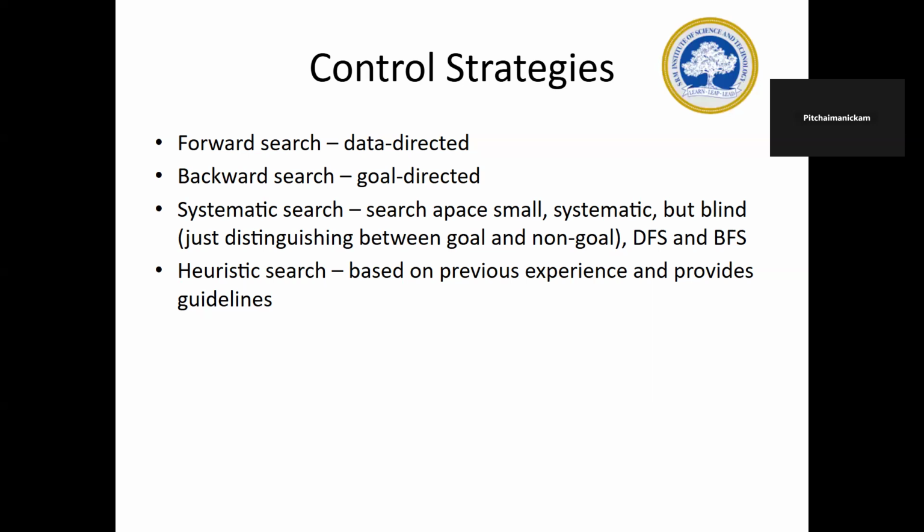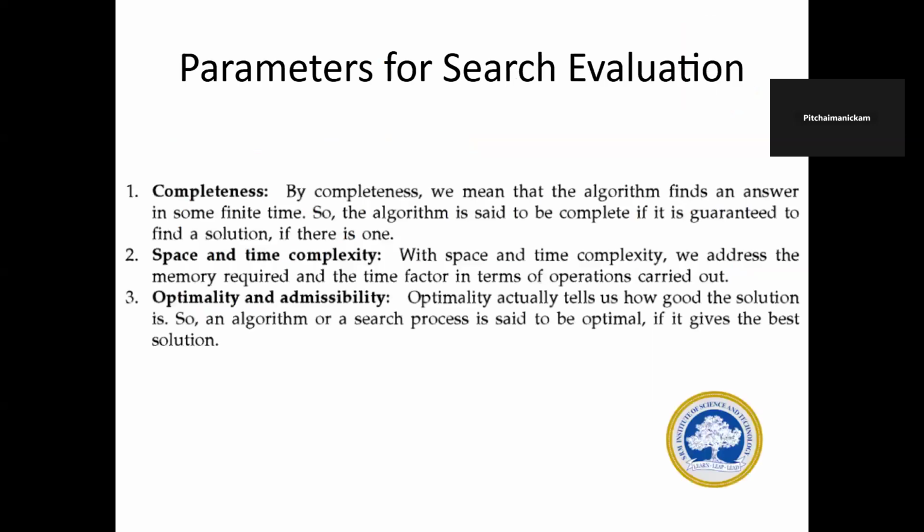These are the two important examples. Just note it down. The fourth one is called the heuristic search. What do you mean by heuristic search? Based on previous experience and by providing some guidelines, we are able to find the proper solution. These are the four important control structures for the problem statement.